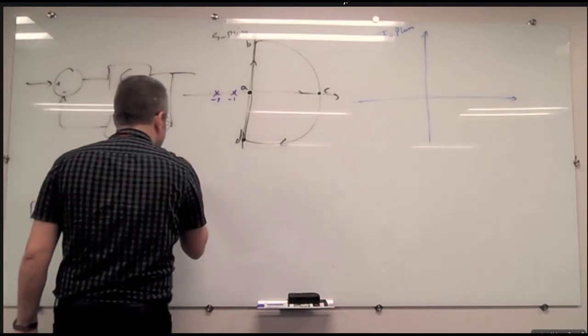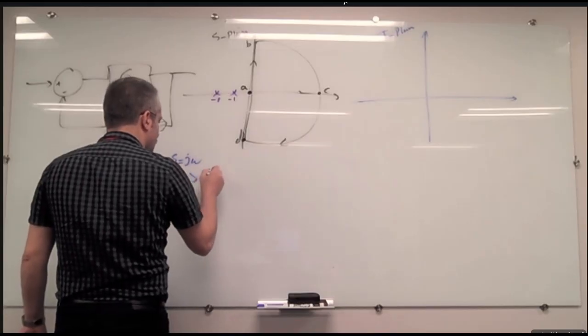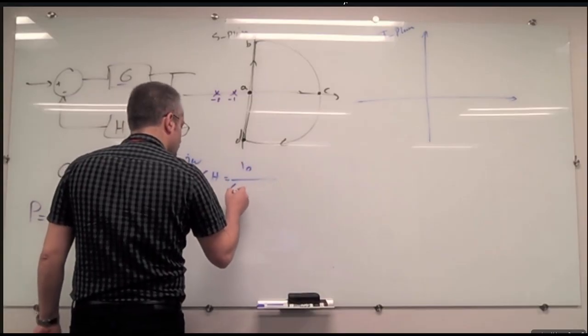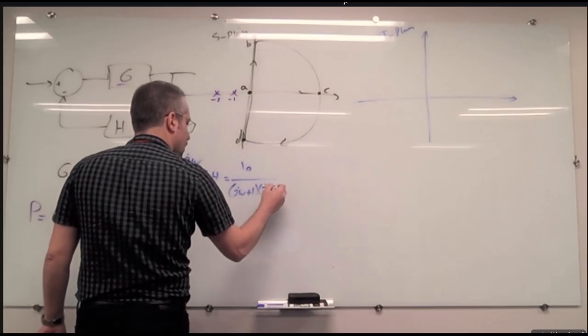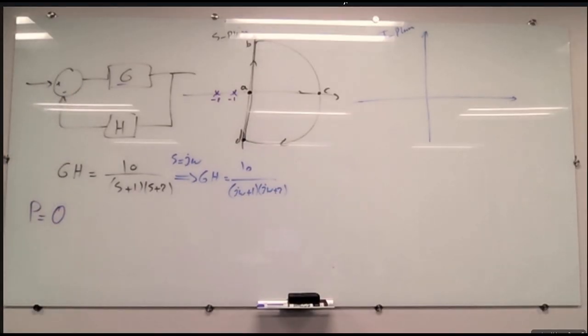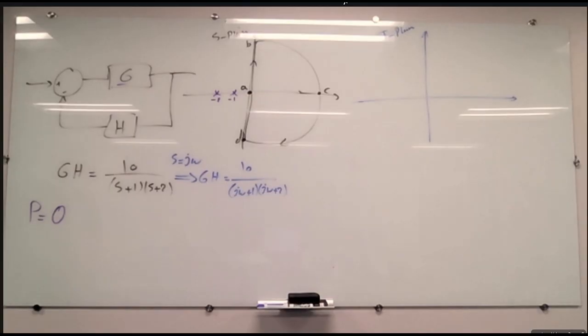So if S is j omega, that means our GH is going to be 10 over (j omega plus 1) times (j omega plus 2). Are we good? Now, we already said that we can show this GH as a phasor, with a magnitude and a theta.